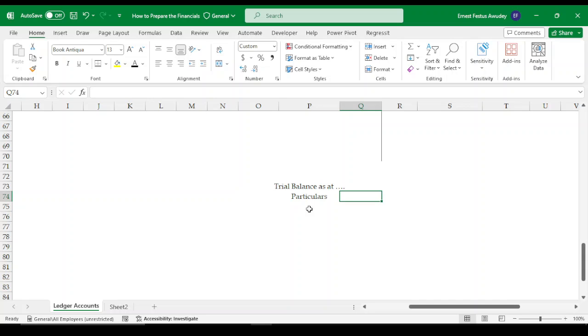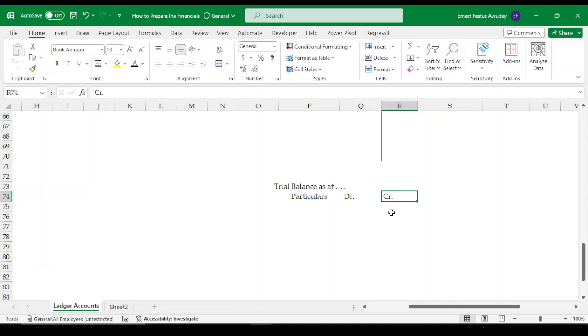and it has a debit column. As I said, in accounting, the debit is shortened as DR, or what we call doctor, and then the credit is also CR, like that. All right, so you have particulars column, you have debit column, and then you have credit column.